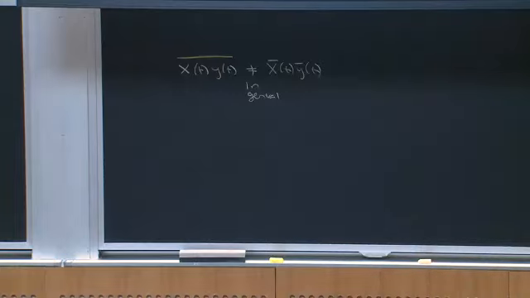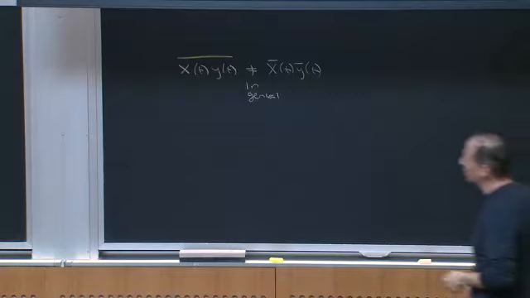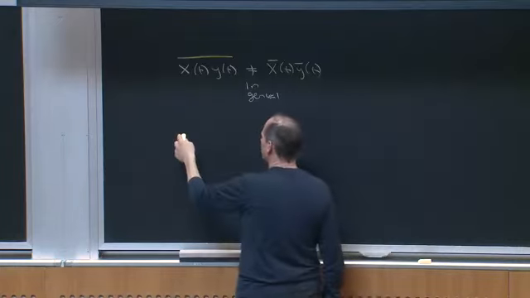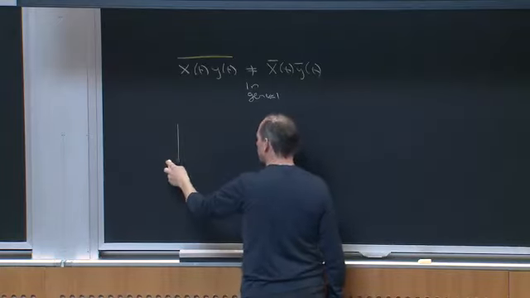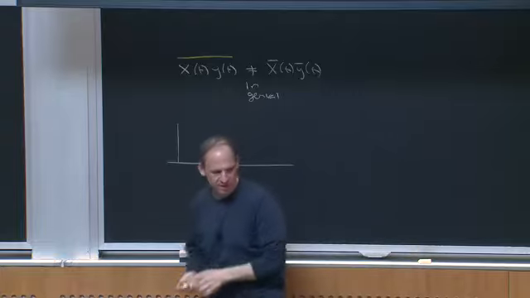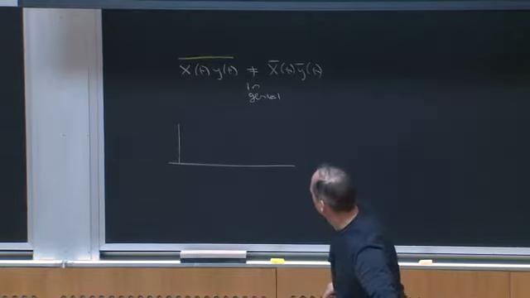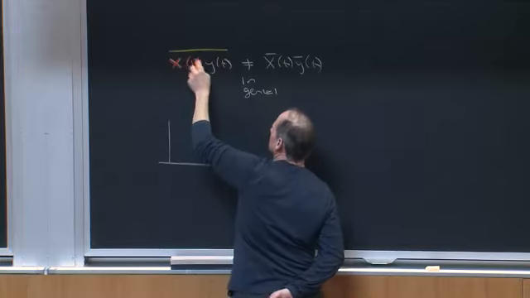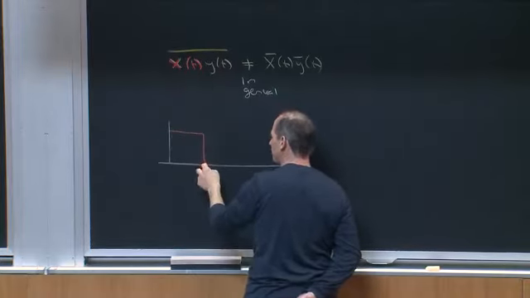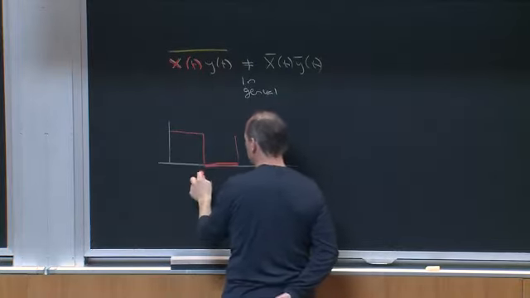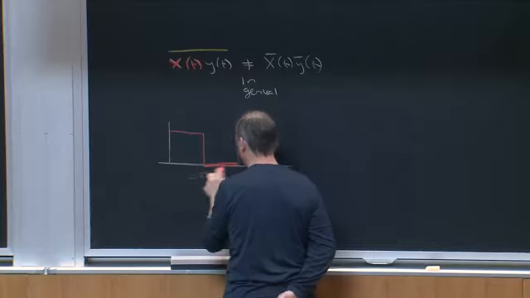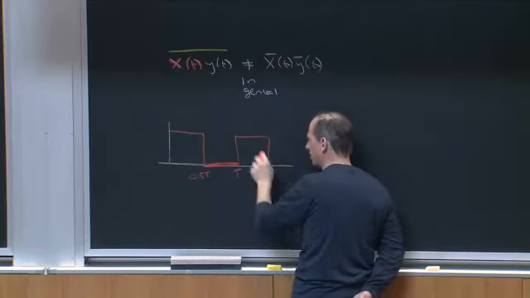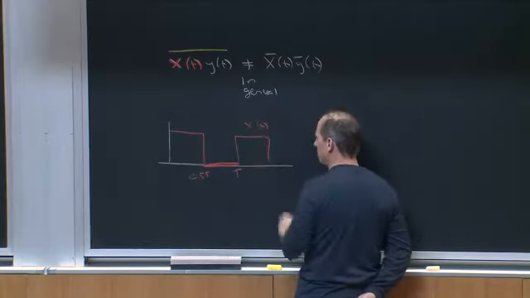How can I prove it to you? Suppose I had two signals that were like this. Here's x of t. Suppose x of t is just a 50% duty ratio square wave like this. Here's 0.5 t, here's t. This is x of t, right?